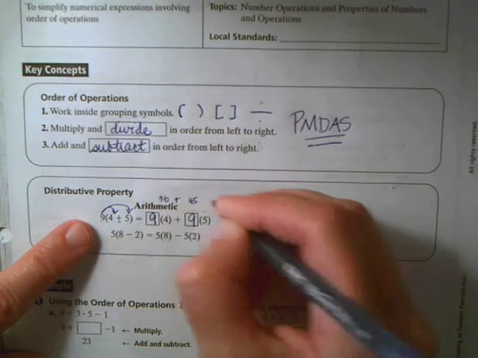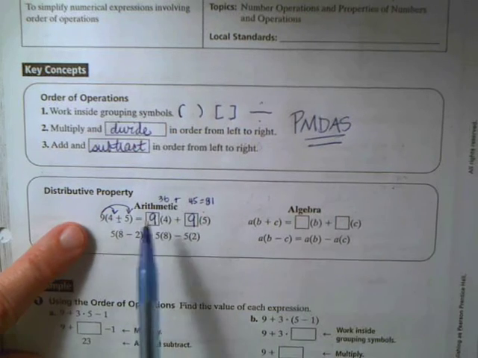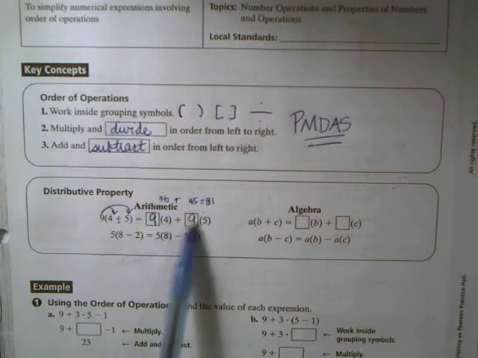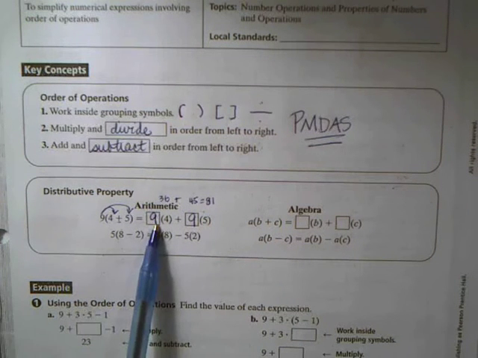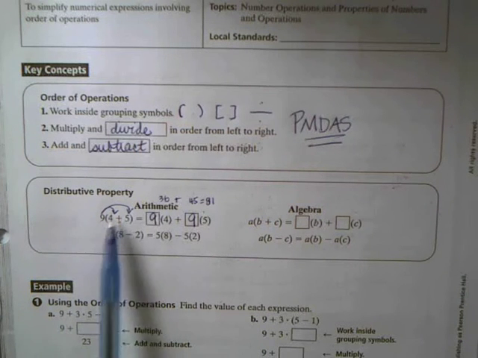If I add 36 and 45, guess what? I get 81. So this is two different ways to get the same answer. So two different outlooks on the same problem. This is an application of the distributive property of multiplication over addition.